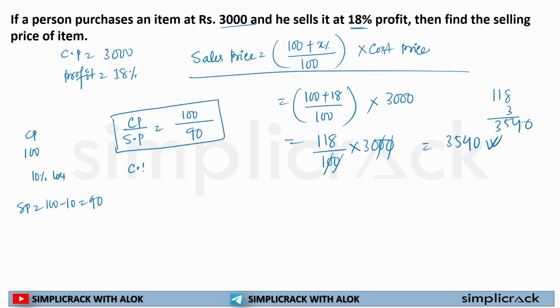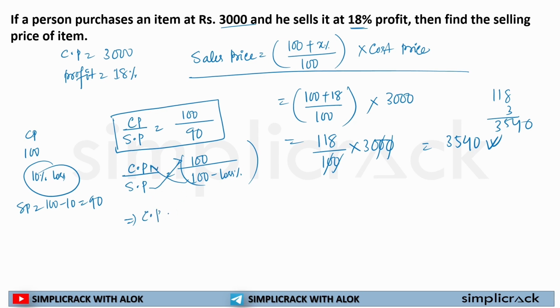Or I can say cost price divided by sales price is equal to 100 divided by (100 minus loss percentage). Here the loss percentage is 10. This is the given ratio, the fraction. And if I am asked to find my selling price, sales price will go this side, and the whole thing will come to the other side. So this will crisscross each other.